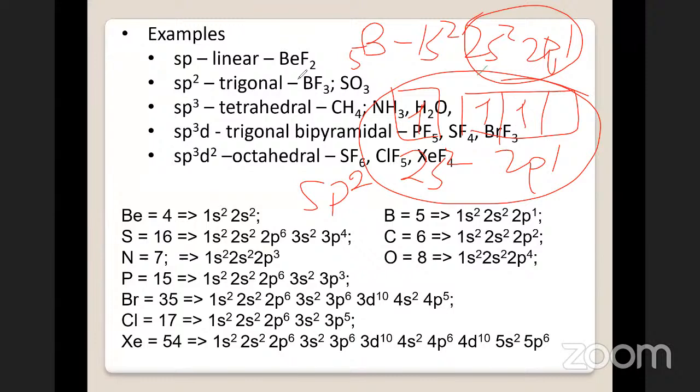This s and this 2p will give us an sp2 hybridization. The sp2 hybridization is a trigonal planar structure. So it is like that.